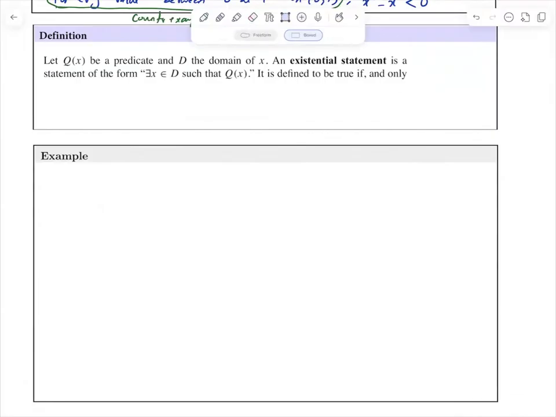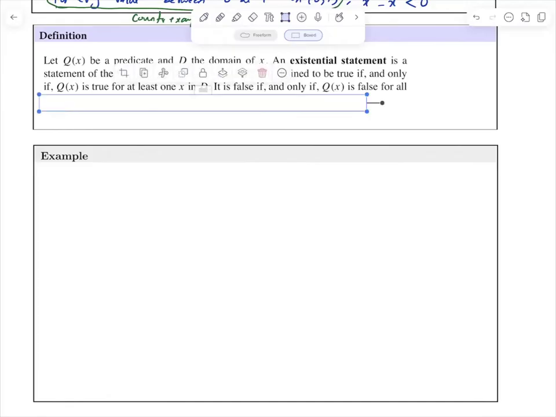It's true if and only if the predicate Q(x) is true for at least one value in the domain. It is false if and only if your predicate is false for all x in domain D.